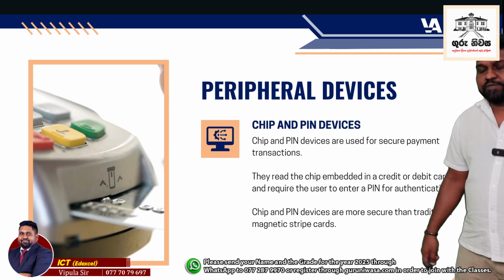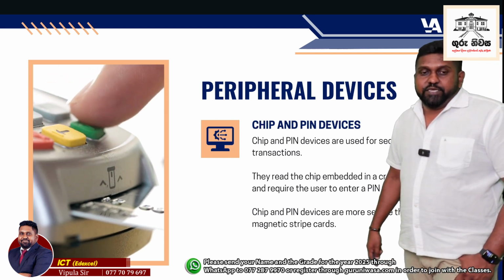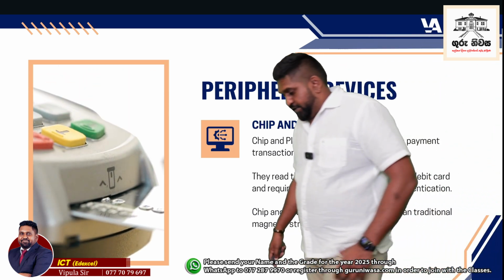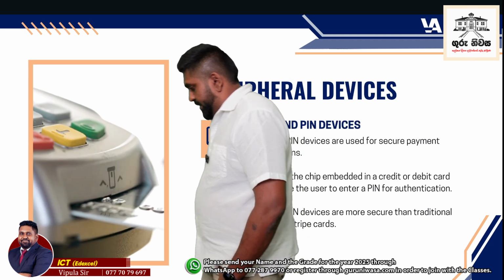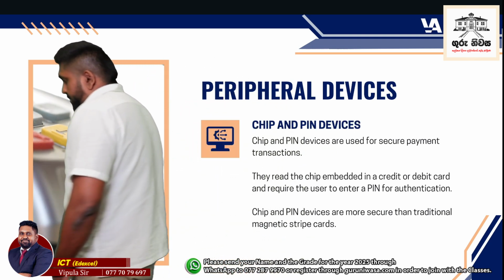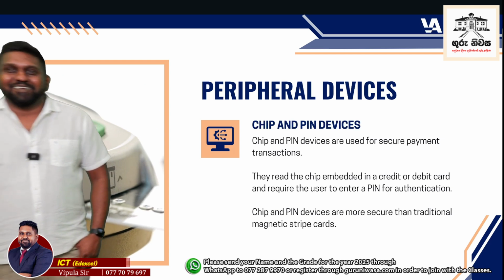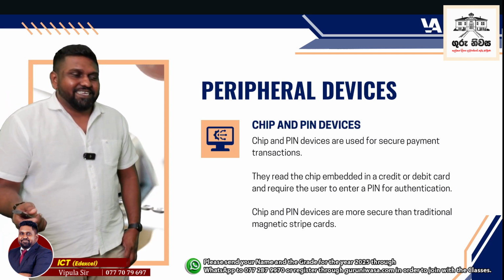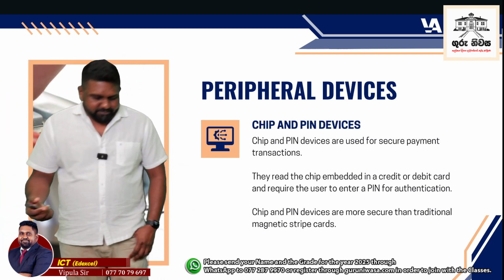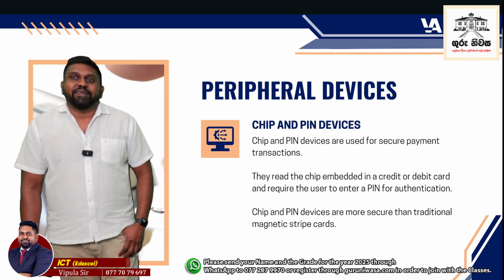And on top of this, we have another point called chip and pin devices. This is the actual term they used to call it. But ideally, a chip and pin device is basically a credit card, right?